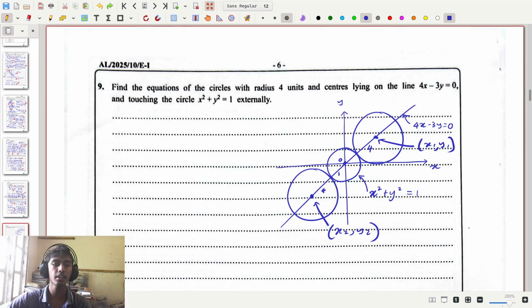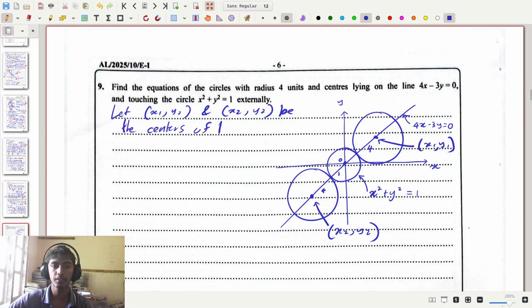So we can say, let x1, y1 and x2, y2 be the centers of the two circles.